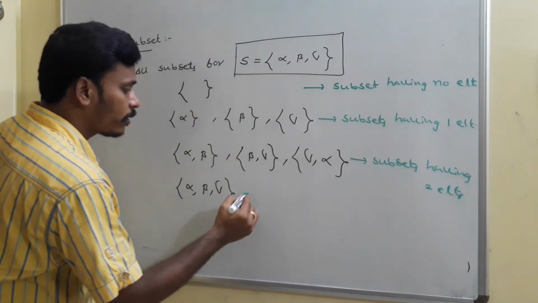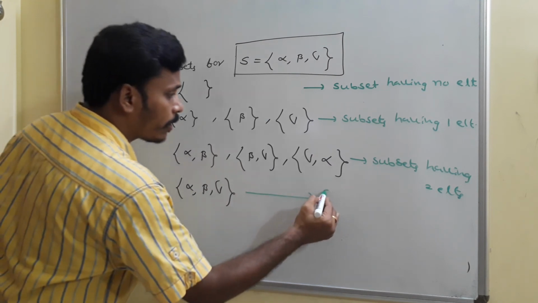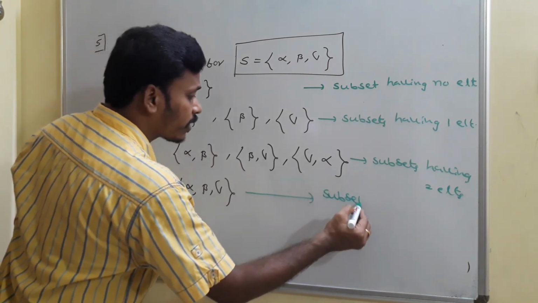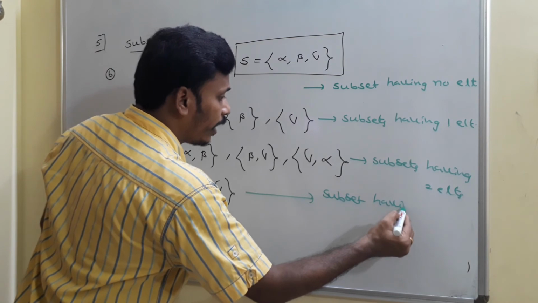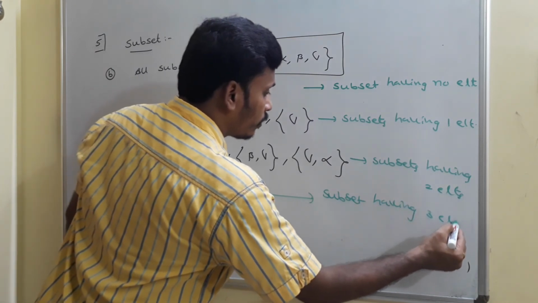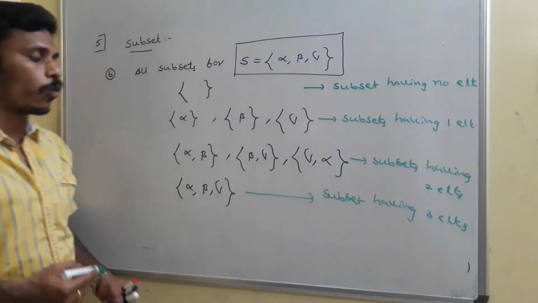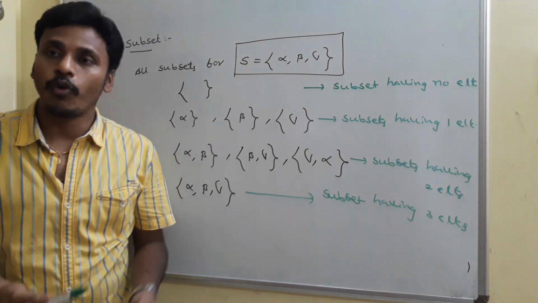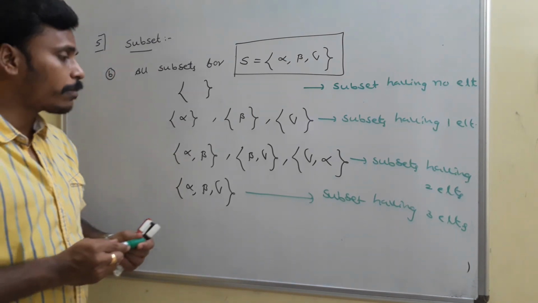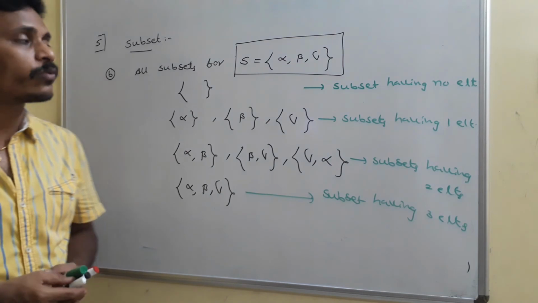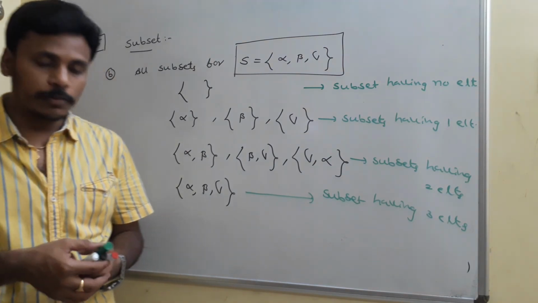And the last one is a set containing three elements alpha, comma, beta. It is again a subset having three elements. And there is no possibility to write a subset having four elements, because a subset must contain a lesser number of elements when compared with the given set, or sometimes they may be equal.